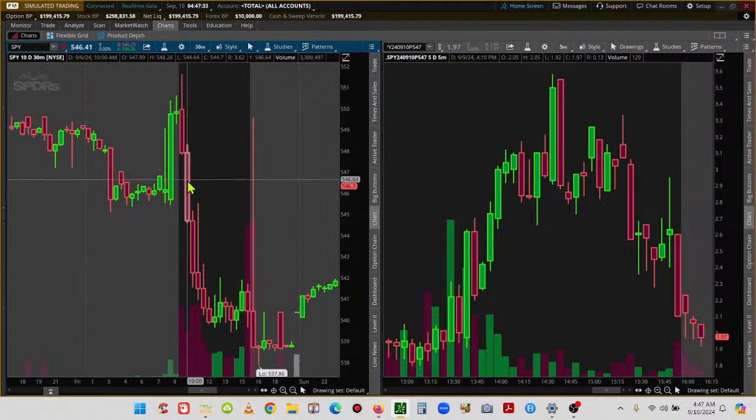It just takes out that previous up candle in 2 moves. So within 60 minutes after open, this is a new low from here.